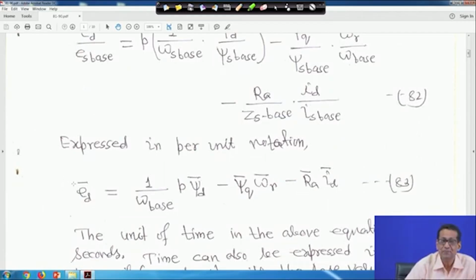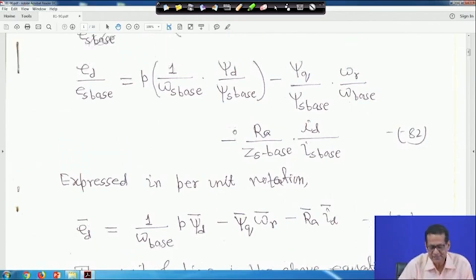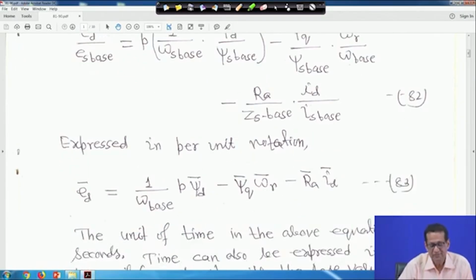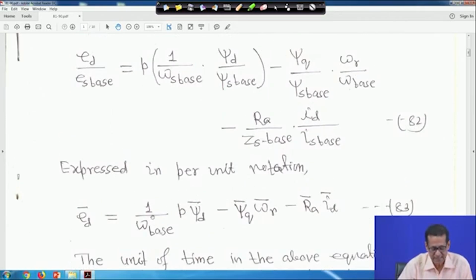After making all the per units, again we will remove the bar, and from that onwards it will be understood that everything is in per unit; I will tell you that later. Ed bar, and psi d upon psi s base is psi d bar, so p into psi d bar, times 1 upon omega base. Psi q upon psi s base is psi q bar, and omega r upon omega s base is omega r bar, and minus RA upon Zs base.